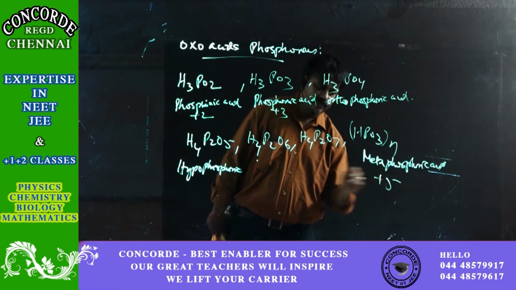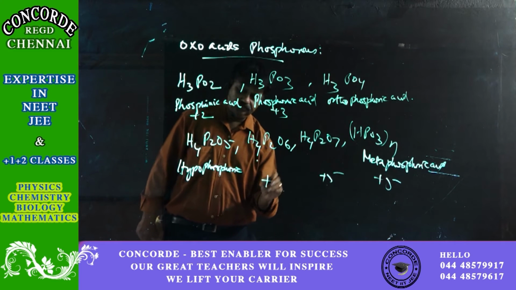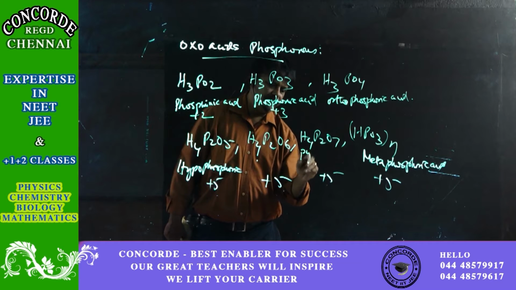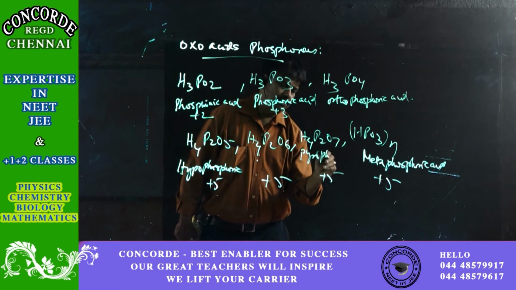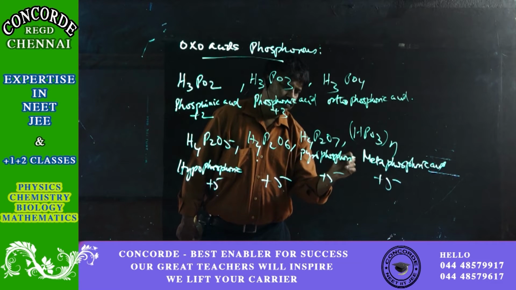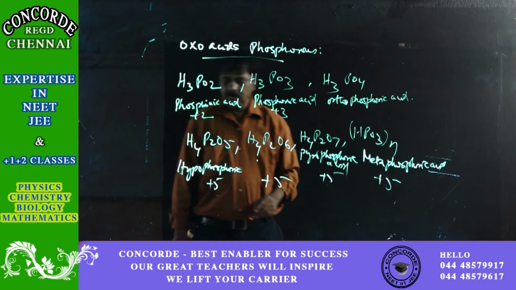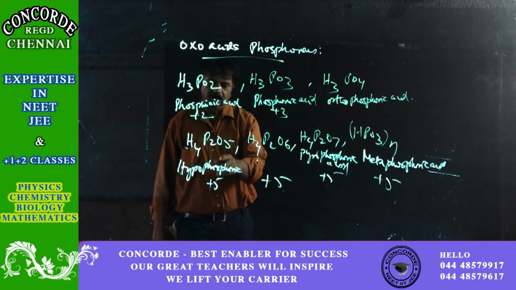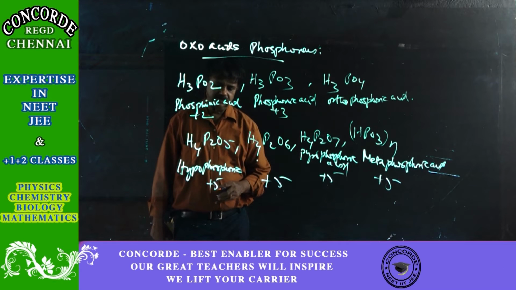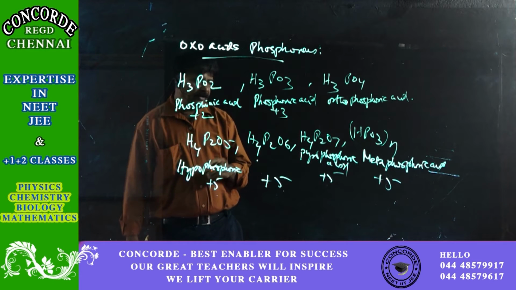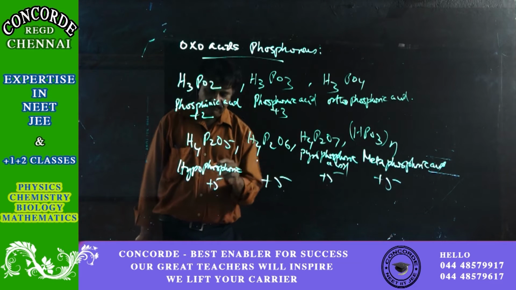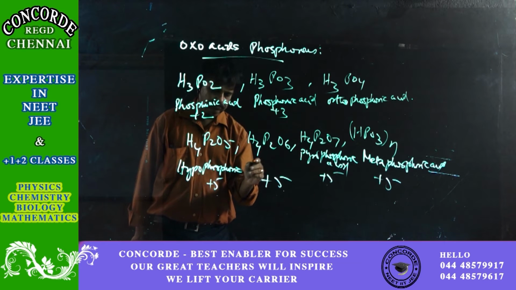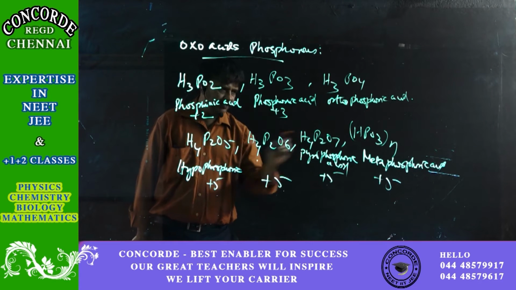All these have a +5 oxidation state. And this is pyrophosphoric acid, hypophosphoric acid, orthophosphoric acid, pyrophosphoric acid, and then metaphosphoric acid.